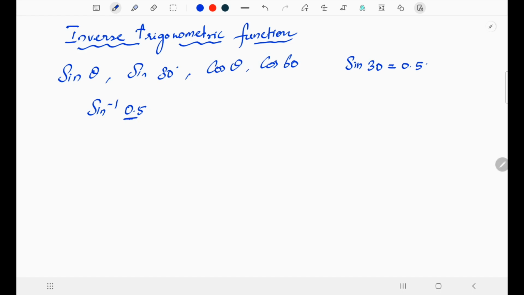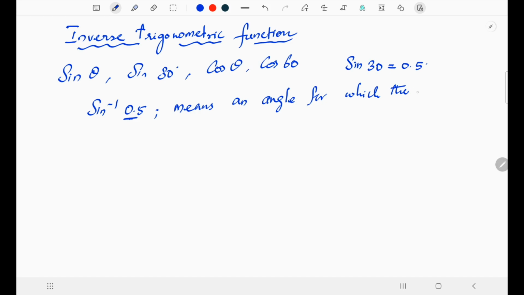So the notation is sine inverse or cos inverse. What does this mean? This means an angle for which the sine value is 0.5.